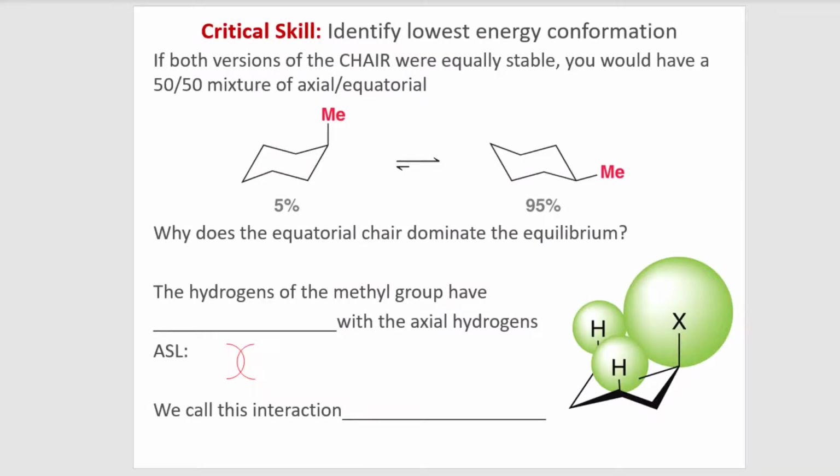So let's go back and look at lower energy conformations. I hinted at this with the bromine example. Now you know how to draw cyclohexanes, and you have the ability to draw a substituent off of one of those carbons. I want you to be able to draw both chair conformations with that substituent. Let's say we had a cyclohexane with a methyl on it. Another way to write a methyl is CH3. That's a nice, tetrahedral ball of electron cloud density.